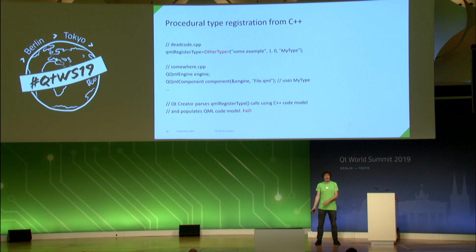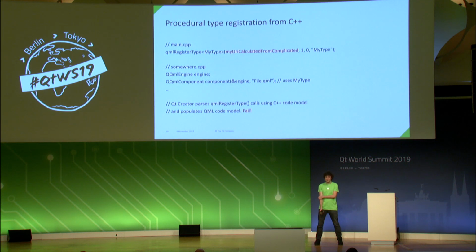Also, you have some dead code lying around somewhere in a CPP file in your project. It never gets executed, but it registers some types. Oh, Qt Creator is happy about that. We'll find your type, but it won't be what you expect it to be.